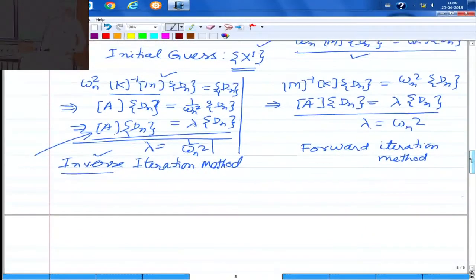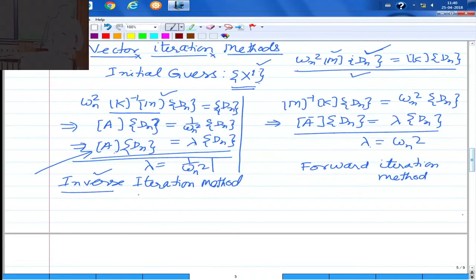Now how do we do this? As I said, you can use either the inverse iteration method or the forward iteration method. You start with an initial guess and pre-multiply it by A n number of times.